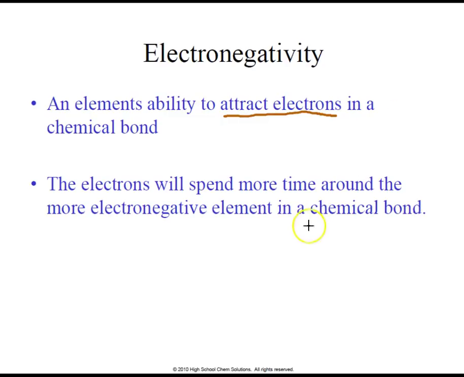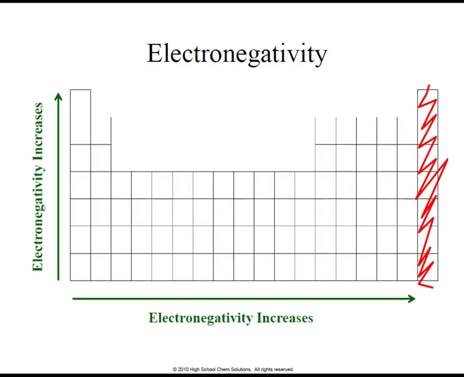This happens inside a chemical bond. So we'll bond two atoms together and see where the electrons spend more time. The electrons will spend more time around the more electronegative element. So we know that element is attracting the electrons to itself more so than the other element.